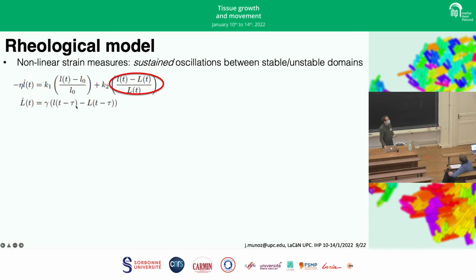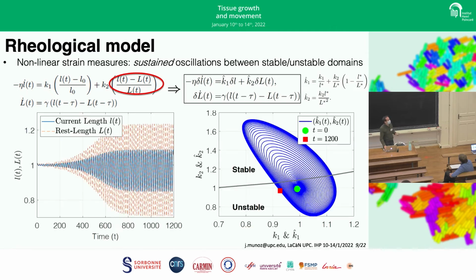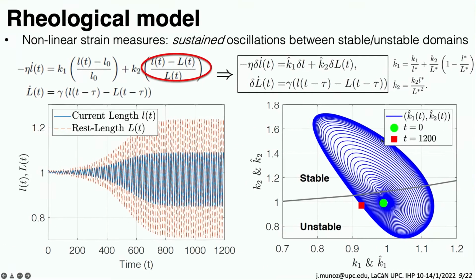So this can be interpreted, in fact, as very similar to what we have, if you linearize, as having a nonlinear K1 and K2, where K1 and K2 are given by these expressions here. So similar as before, but when you linearize around a given L star and capital L star here, it's like going across the stable and unstable region with changing rigidities K1 and K2.